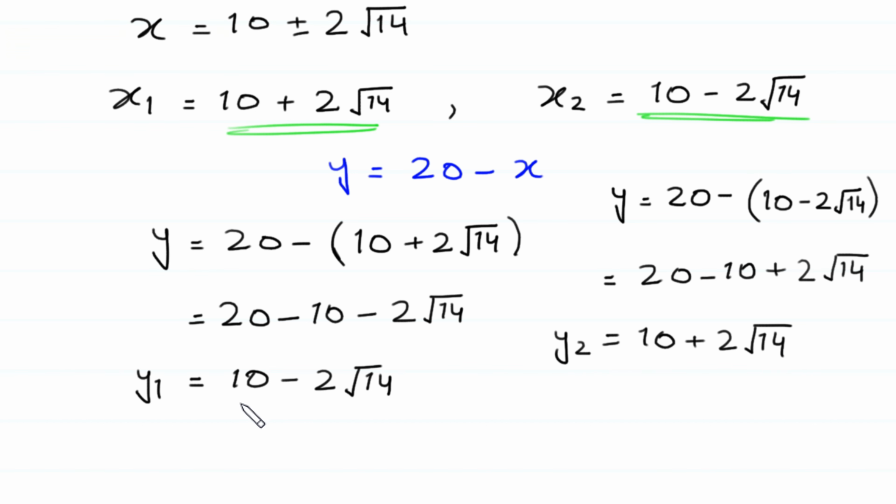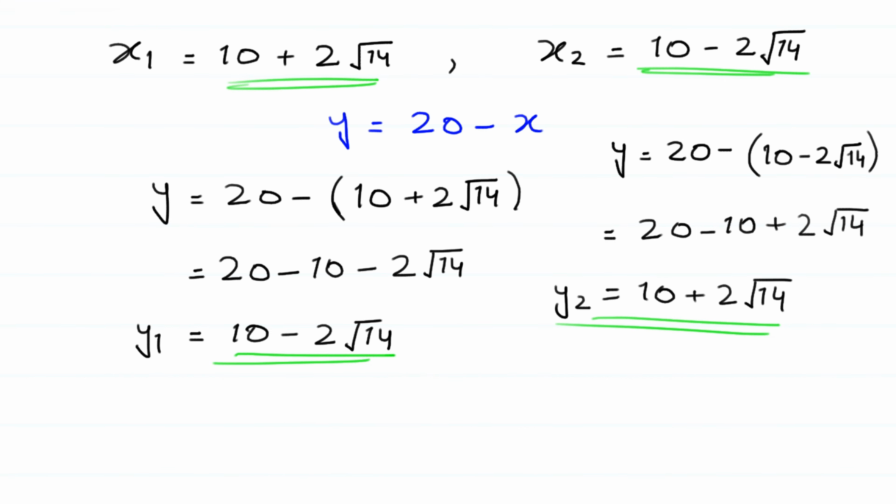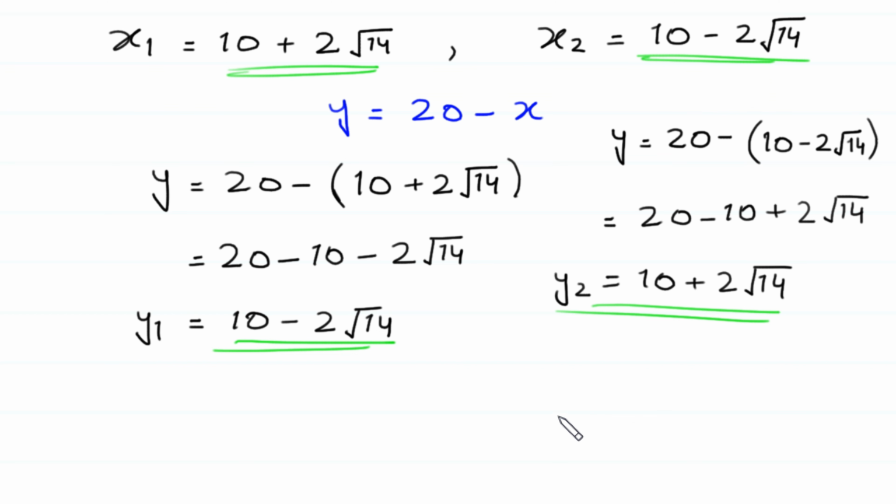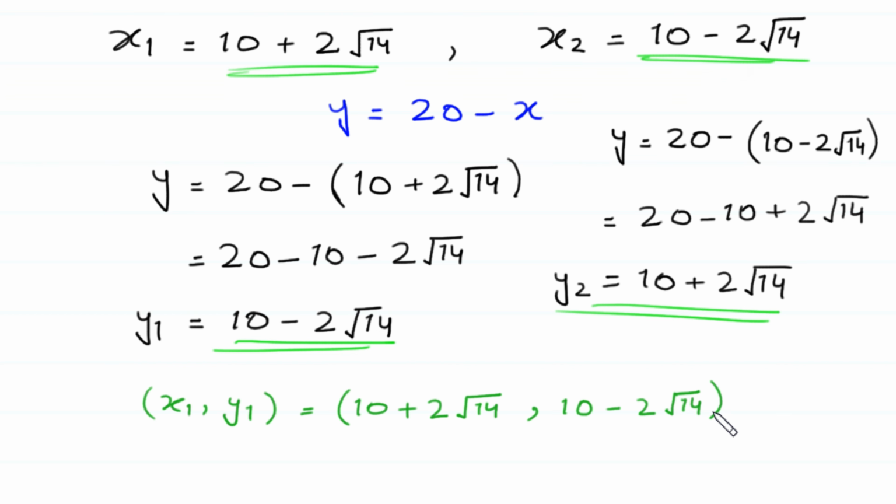So this is the value of y1 and this is the value of y2. So we have two sets of solutions. The first set is x1 comma y1, where the value of x1 is 10 plus 2 times square root of 14 and the value of y1 is 10 minus 2 times square root of 14.